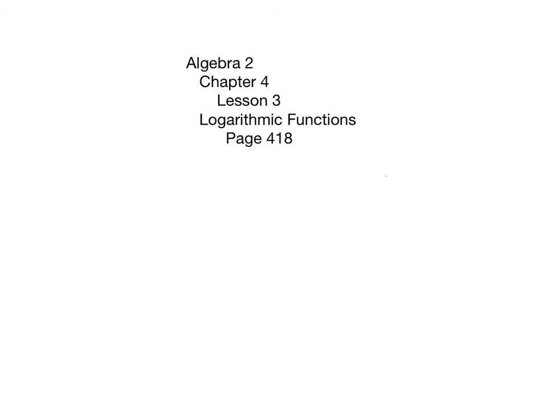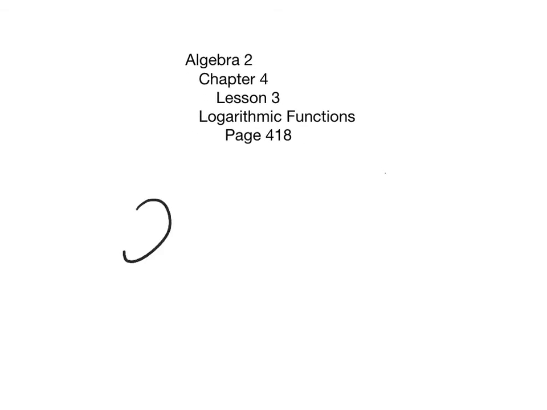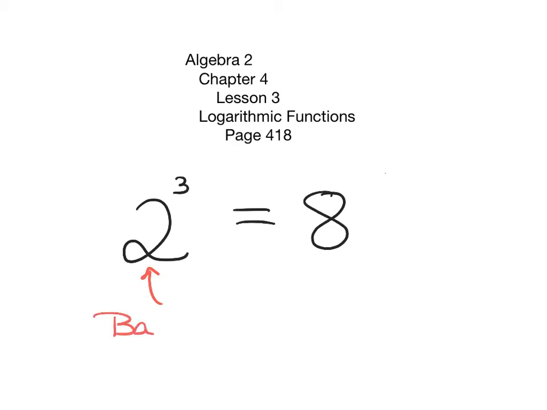So first I'm going to start off by showing you the parts of the exponential equation. If I gave you this equation, 2 to the third power equals 8, everybody should recognize that the 2 is the base and the 3 is the exponent and the 8 is the answer to my problem.